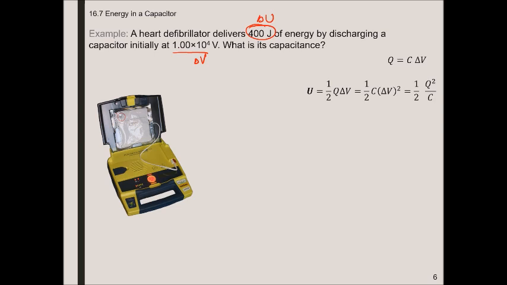Okay, so hopefully you paused the video while you did that. So we know delta U, so that's a good equation to use. We know delta V, so we have these and this one, and we want to find C. So this is the thing we want to find. So we're going to use that version of the equation. So U is equal to 1/2 C delta V squared. And so that means C is equal to 2U over delta V squared.